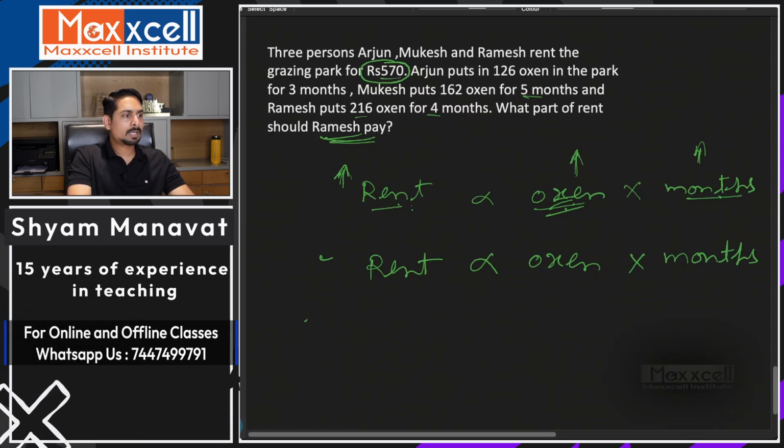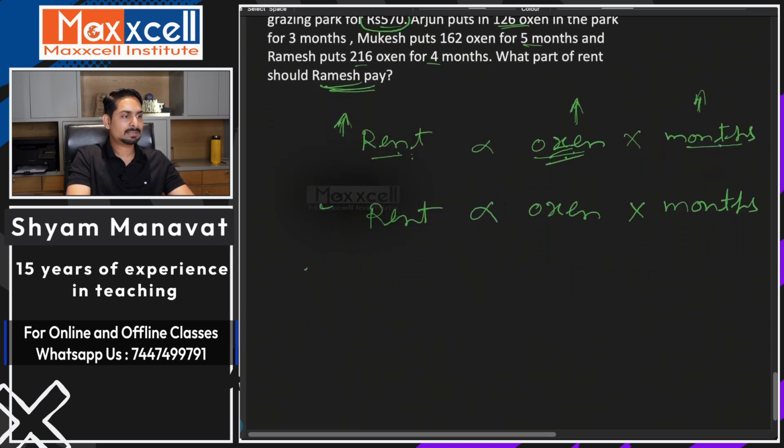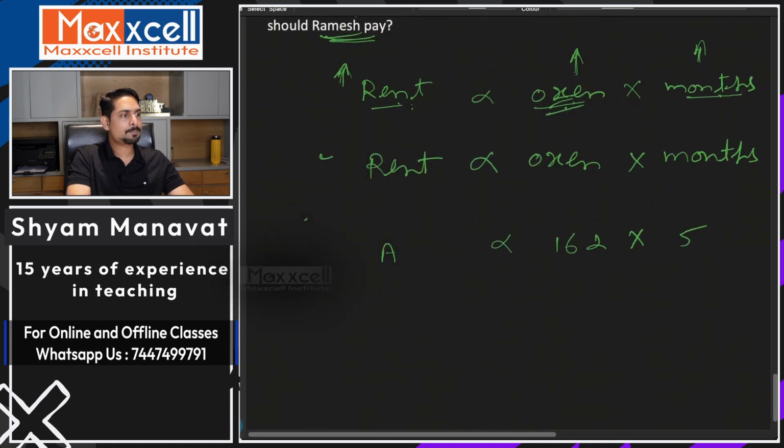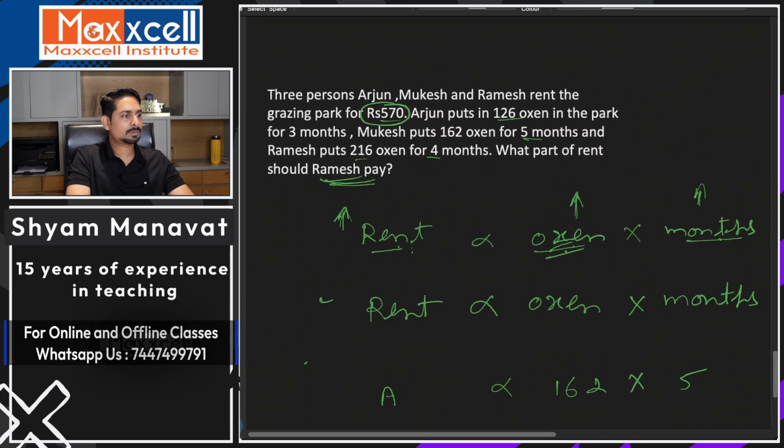Now, if I look at Arjun's number of oxen and the time, then for Arjun, let me call it A directly, the number of oxen is 162 multiplied by 5. So it will be this kind of proportion, right? For the next person, what's the name?